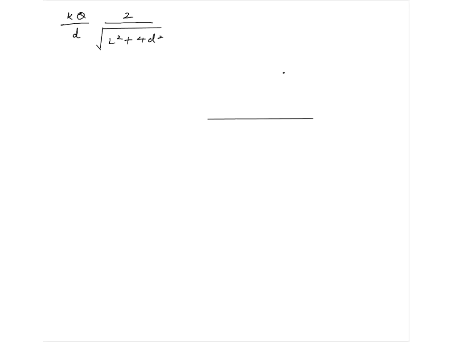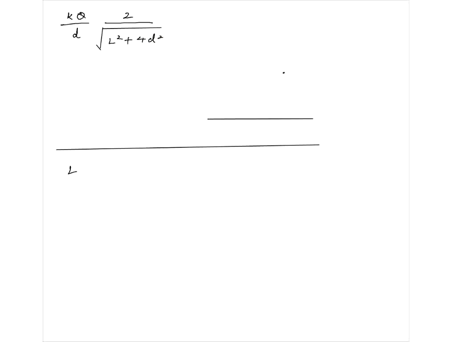There's also one more standard case, which is of a long rod. Long rod is quite simple. Imagine L to be so big that with respect to L squared, D squared can be neglected.